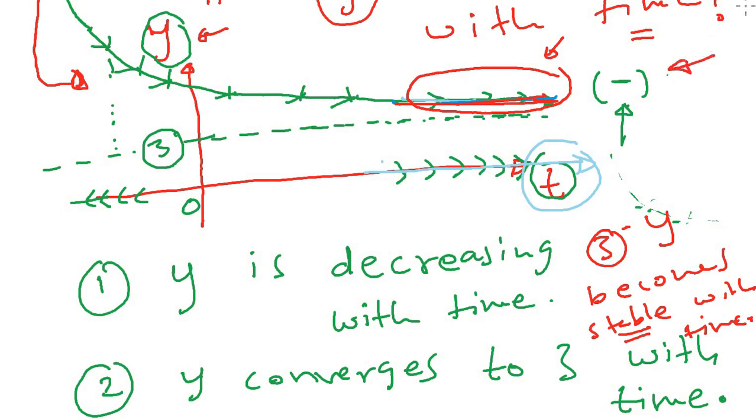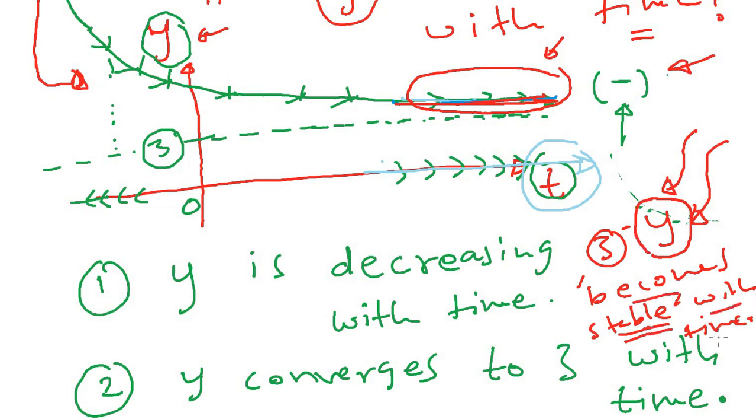Please remember this, the solution can help us understand how y changes with time. So where is this idea applicable? Remember, in economics we assume that the price in a market will become stable, it will reach equilibrium. This graph is telling us exactly the same thing, that the value of y, which can be price, becomes stable with time.